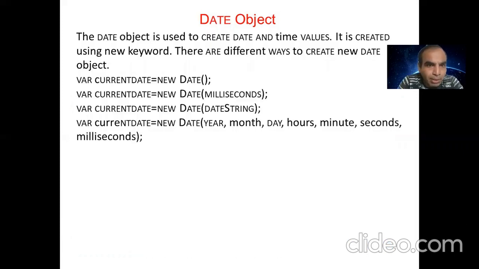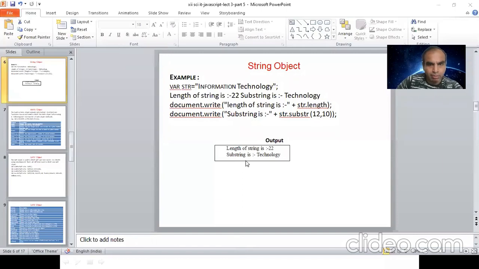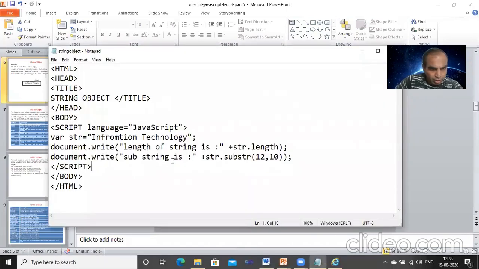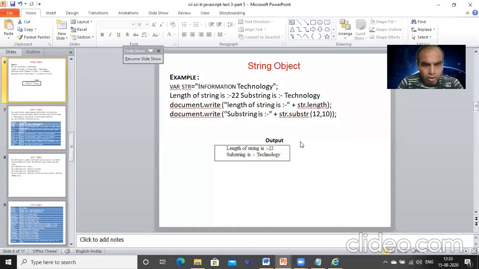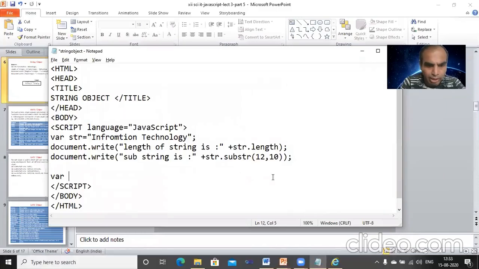Let's see the example of the math object. Here only I have to show the example. After the string object, I declare the variable x, and here 56.89 value, we assign that value.